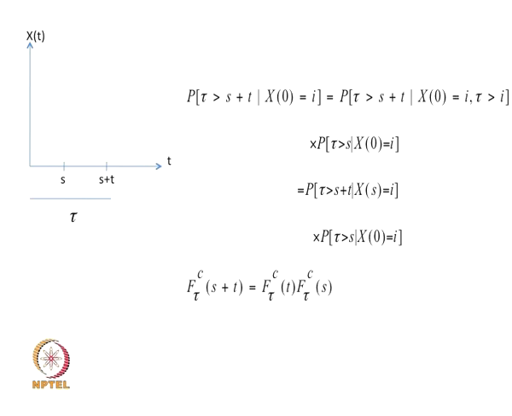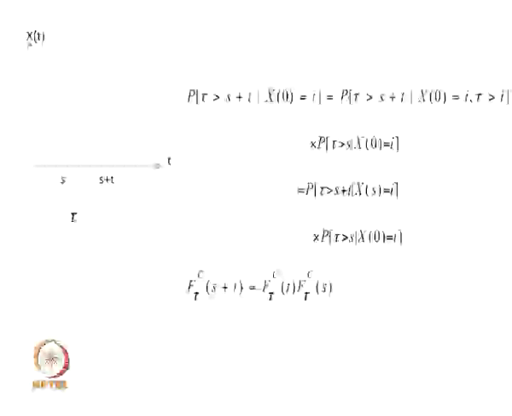For that, let me make a simple graph. This is t and this is X(t). Suppose you assume that the system was in the state i at the time point 0.